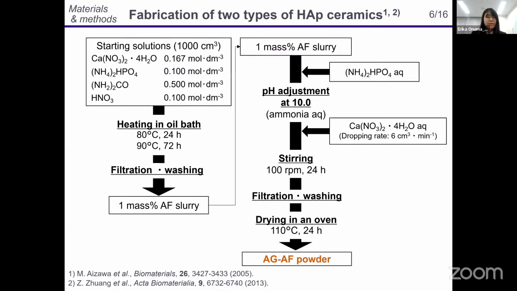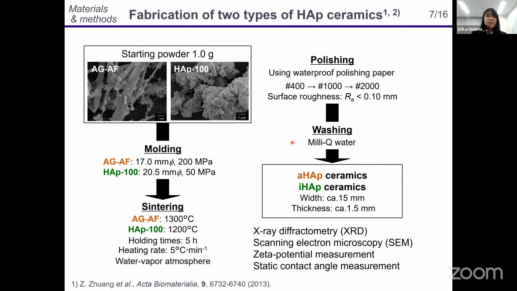Resulting powder was named AGAF. After that, resulting HAP powder was molded, sintered, pushed, and washed. As a control, ceramics using Taihei Chemical Industries HAP 100 powder were fabricated using the same protocol. The resulting two types of ceramics are called AHAP and IHAP respectively.